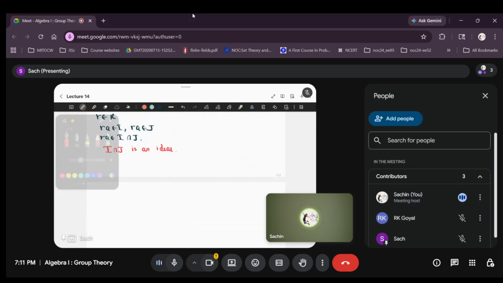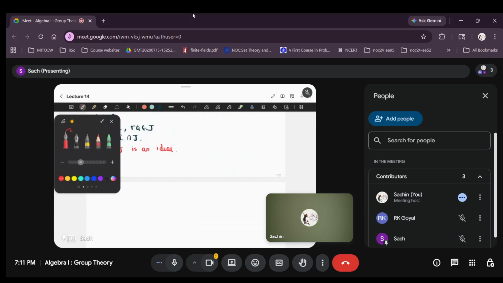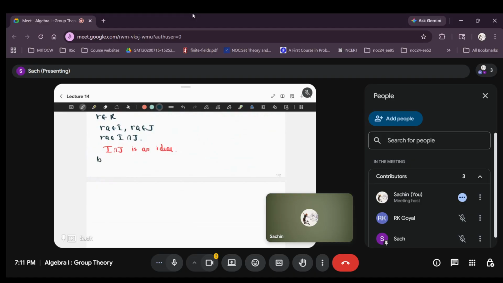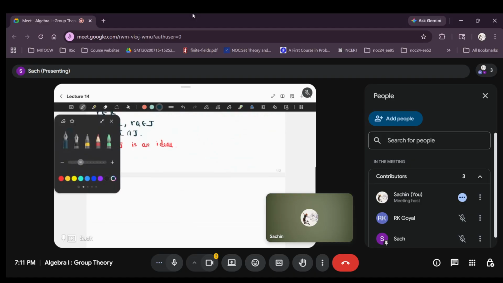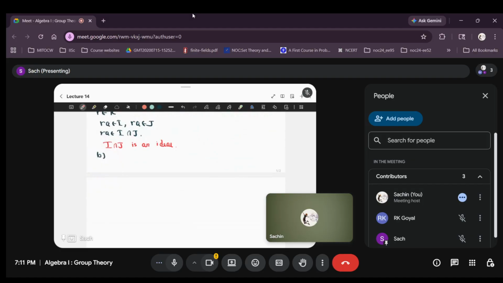I union J need not be an ideal. For example, consider the ring R equal to the set of integers.